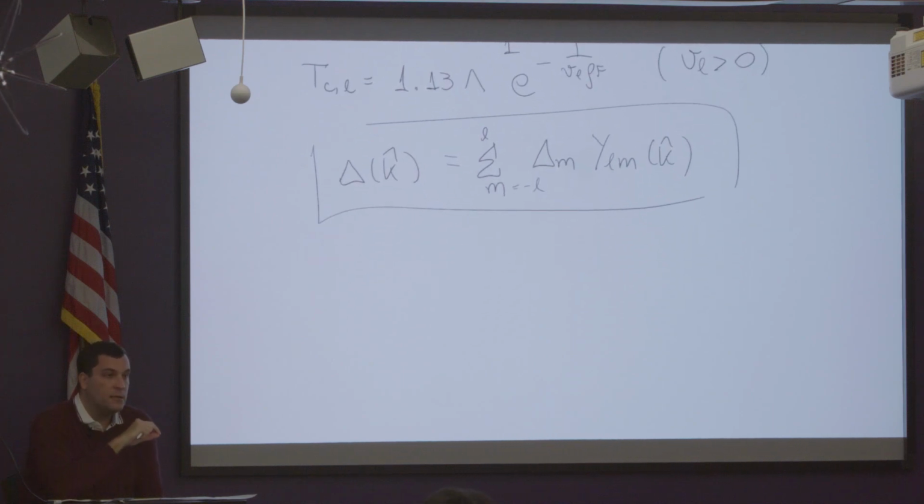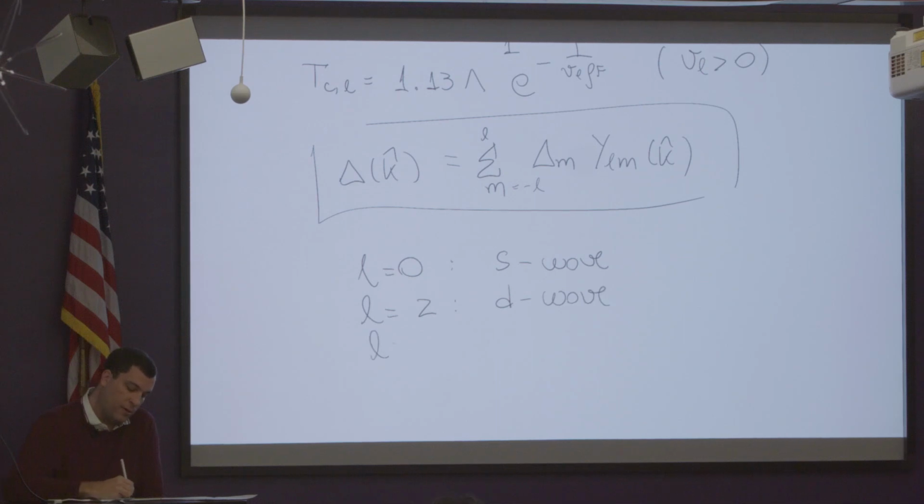What does the L really mean? L means different superconducting channels, right? L equals 0 is, now we're going to borrow the language from orbital atomic physics, we call S wave. L equals 2 is D wave. L equals 4 is going to be I wave, and so on.